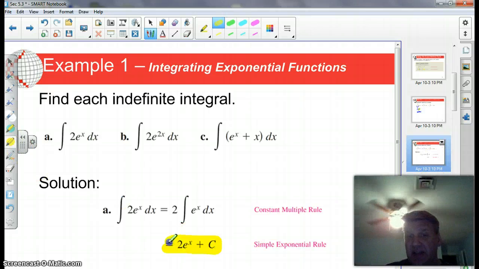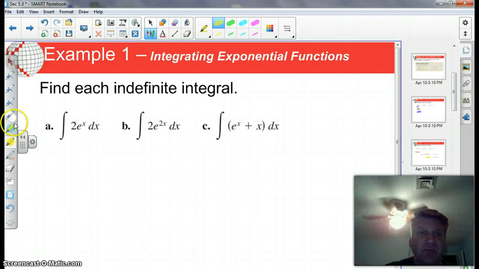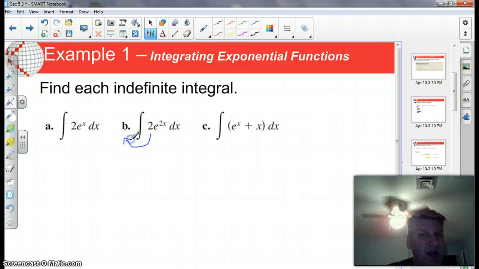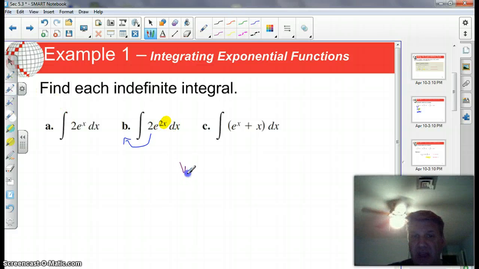So we'll take a look at part B. And in part B, you might want to think about throwing the 2 out front, but in this case, look at the u du. If you do a quick u substitution and let u be 2x, then notice that my du has a 2 in it.